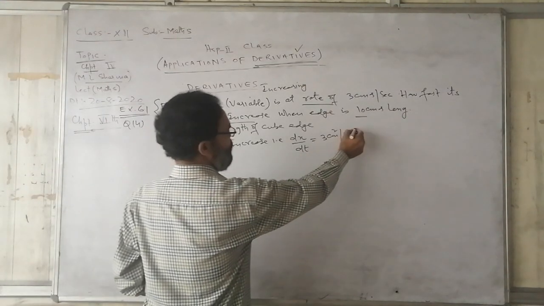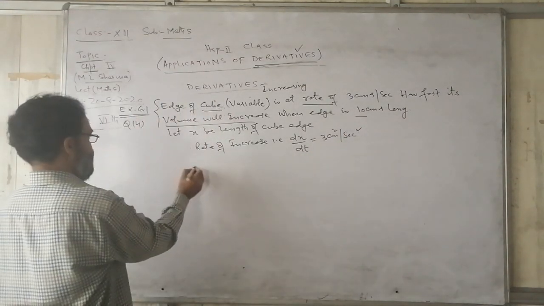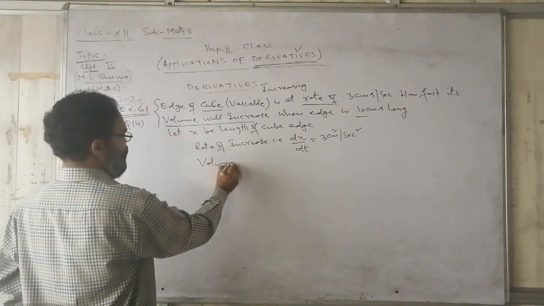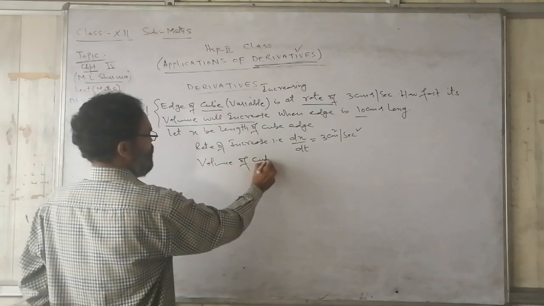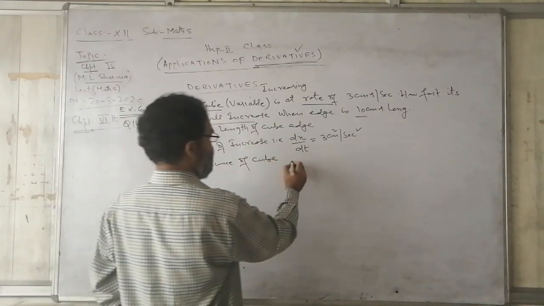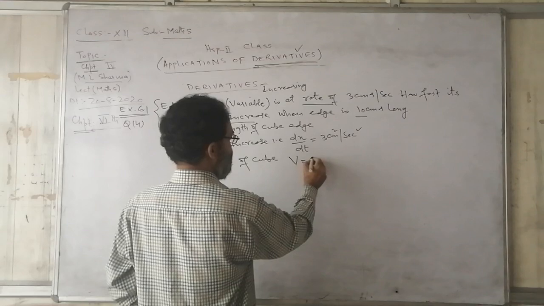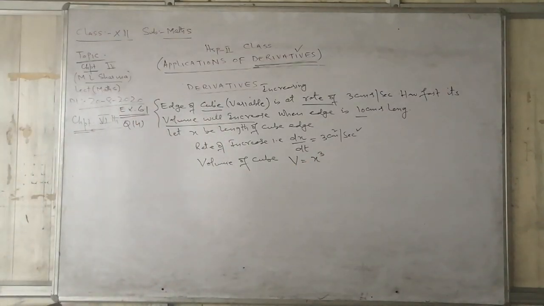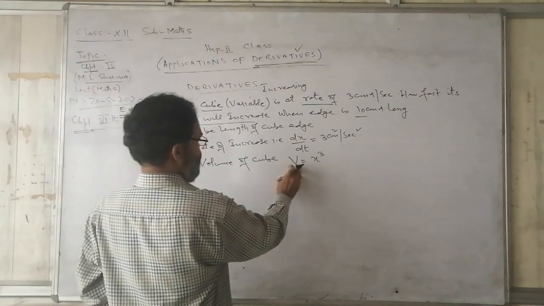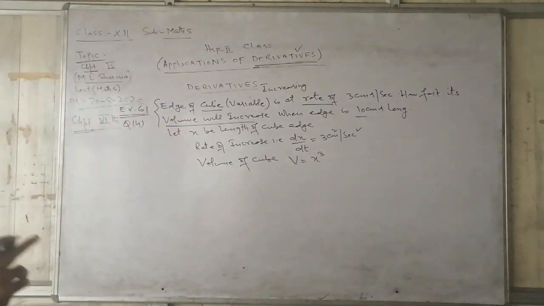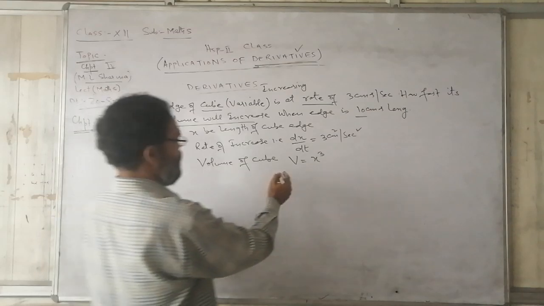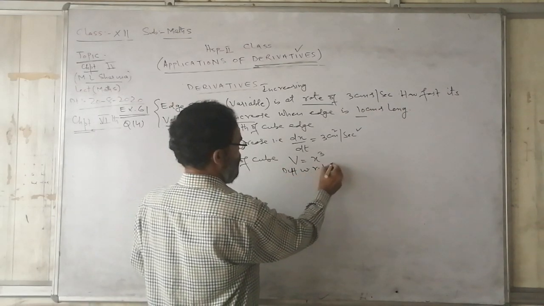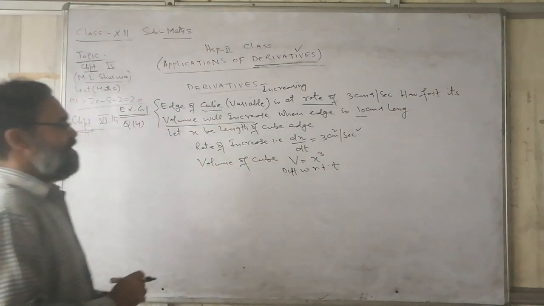So this is given. Let us say V is the volume of the cube, and this will be equal to x cube. So I have to find the increase in the volume. So I will have to differentiate this with respect to the parameter t.